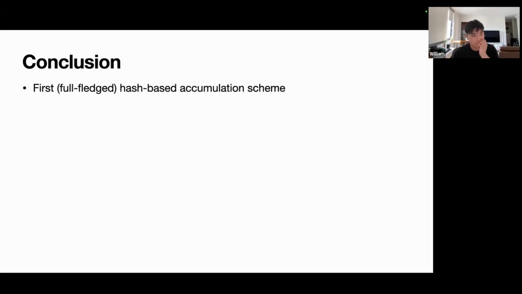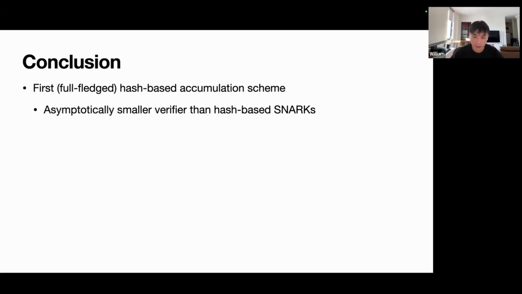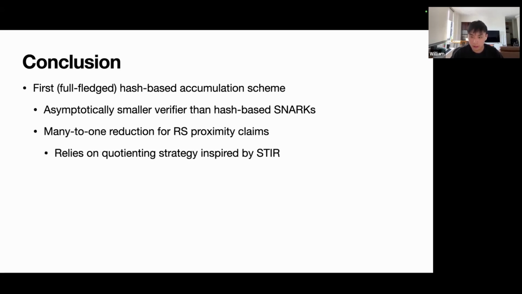Cool. So just to wrap things up, in this paper we gave the first full-fledged, in terms of unbounded depth, hash-based accumulation scheme, which achieves an asymptotically smaller verifier than the baseline approach, which would be to use a hash-based SNARK. And one of the core components in our protocol is this many-to-one reduction for Reed-Solomon proximity claims, which relies on a quotienting strategy that's inspired by STIR, but used for a slightly different purpose.